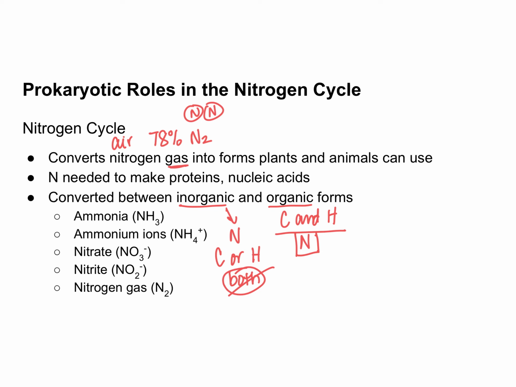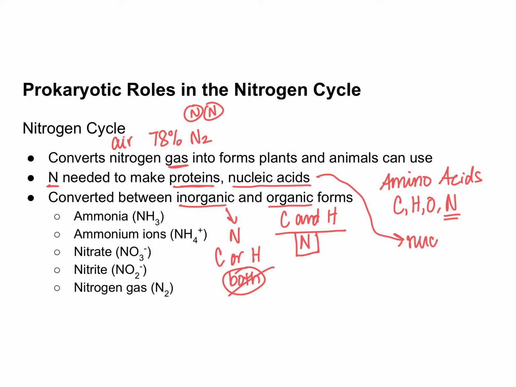And one reason why living organisms need nitrogen is to make proteins and nucleic acids. So if we do a quick review of proteins, remember that proteins are made of amino acids. And all amino acids have carbon, hydrogen, oxygen, and nitrogen in them. The nucleic acid bases also have nitrogen. So nucleic acids, remember, consist of nucleotides.